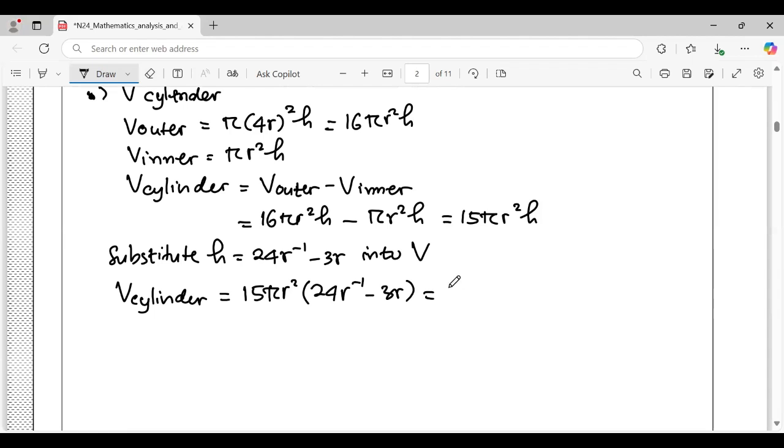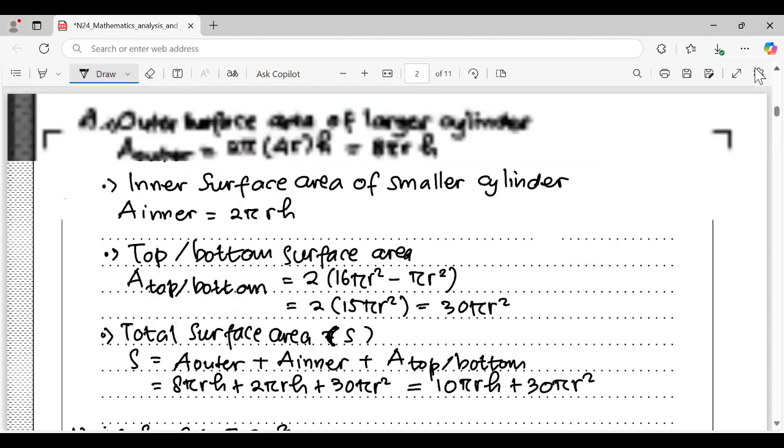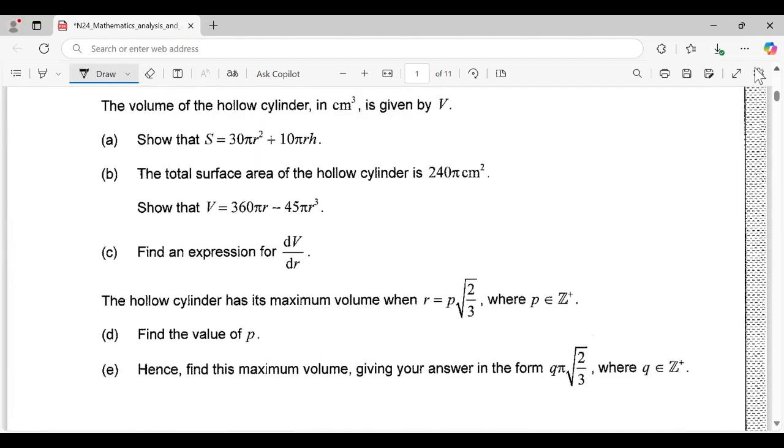And if you calculate, the result is 360 pi r, because 2 minus 1 is 1, minus 45 pi r cubed. This is the volume of the cylinder.